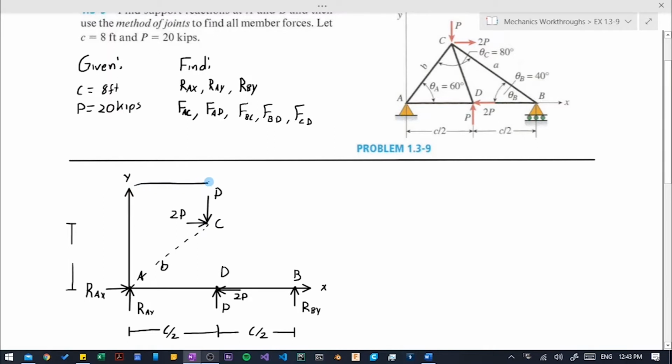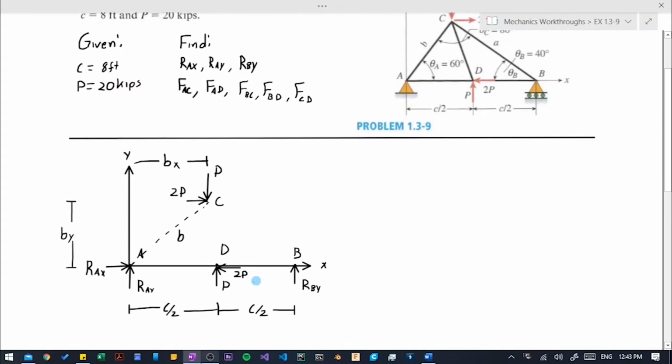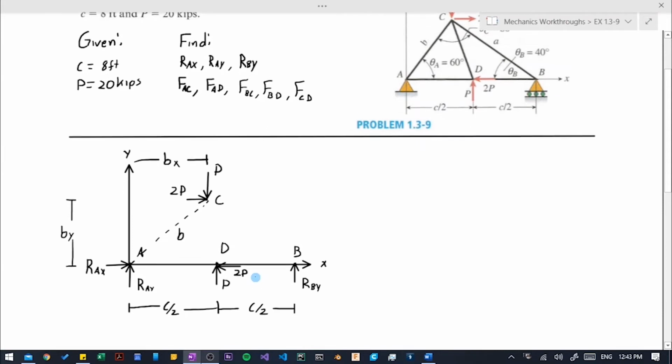This distance I can call Bx, and this one By. Alright, so there's a free body diagram.